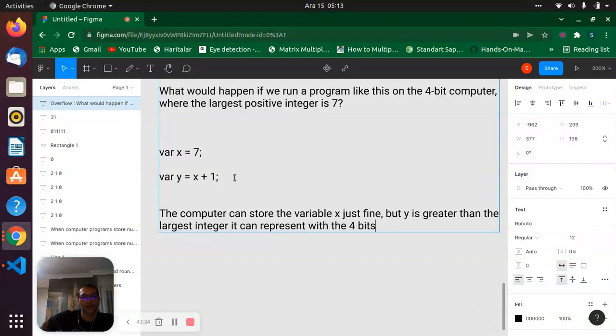So you know already what is that, right? 4 bits.